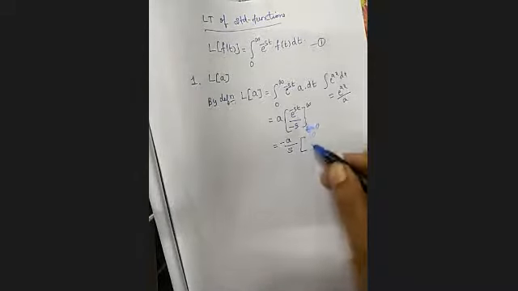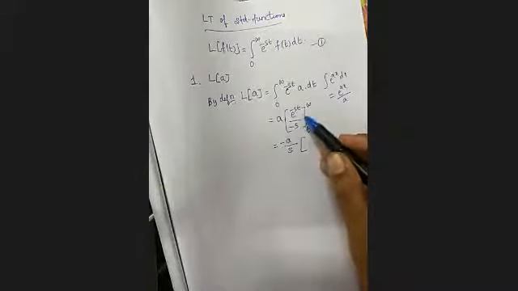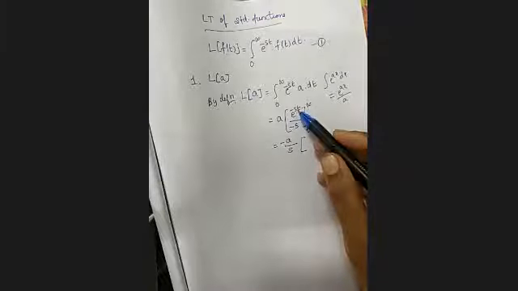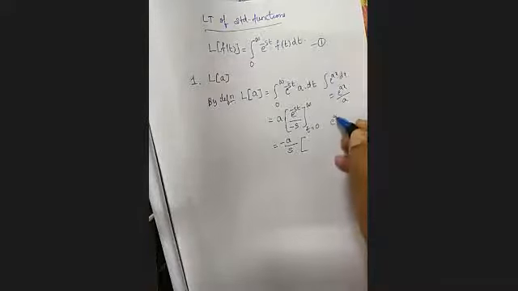Okay. Now the remaining part is we have to apply the limits. The upper limit is infinity. What is e raised to minus infinity? Do you know what is e raised to infinity?